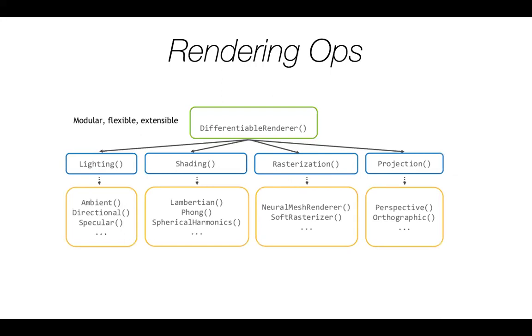So a differentiable renderer has to take into account lighting, shading, rasterization, projection, and make sure that for all those operations you can compute gradients and then use those gradients for learning, right? And we are going to see this in the final part of the course. All right, so with this, I'll end and then we have questions.